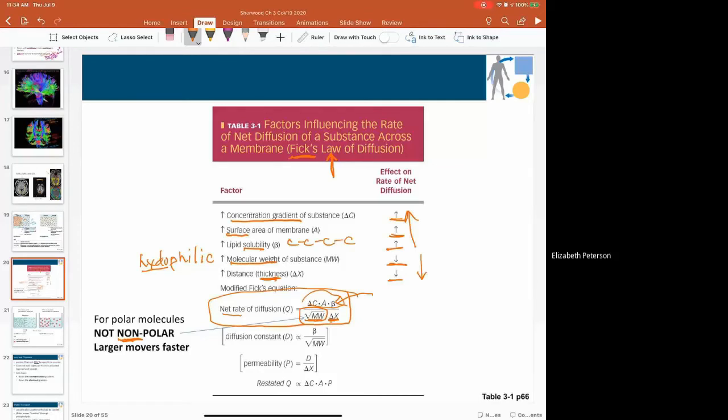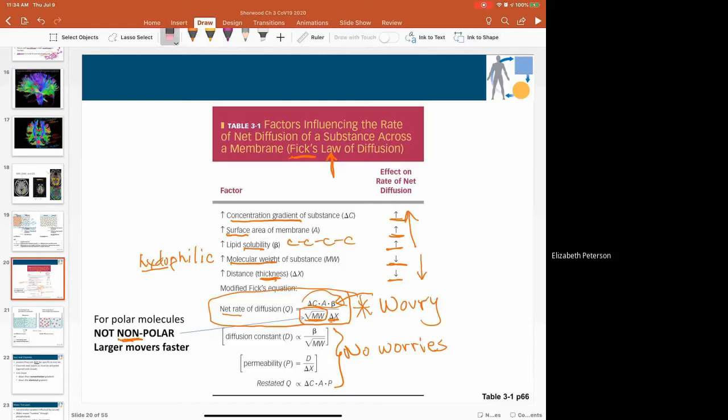So concentrate on this and what each of these components are referring to in this equation that Fick came up with. Don't have to worry about the rest of this down here, so no worry. And then worry about this one.